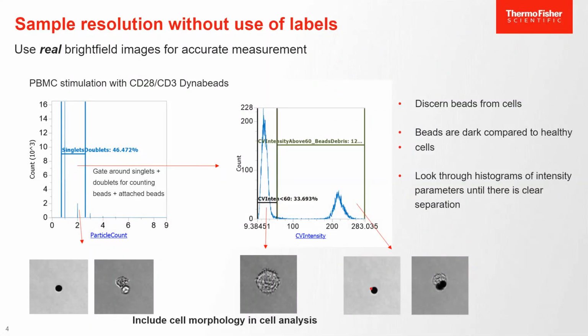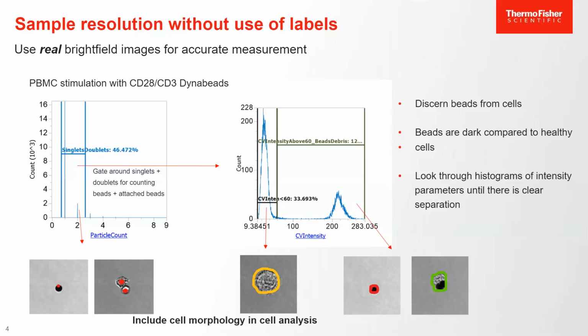On the Attune CytPix, you can capture real bright field images and with the assistance of machine learning, analyze those images at scale, and to a depth that is difficult to discern with the human eye. You can clearly inspect objects within the images, confirm that the machine learning models are counting them correctly, and determine whether they are beads or cells or something else.